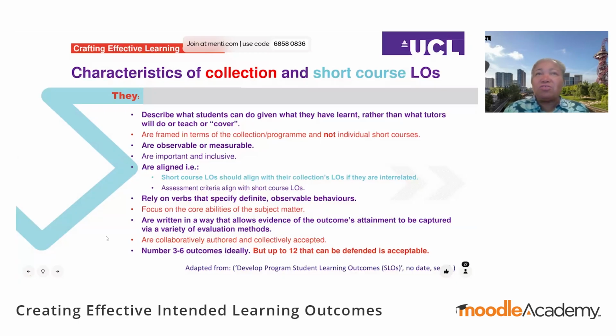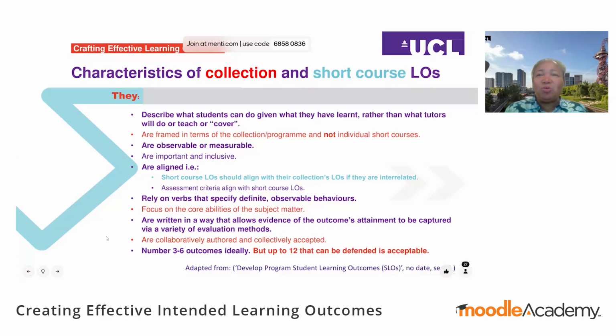Not individual short courses. They're always observable or measurable, i.e. accessible. They're important and inclusive, so they're what all students on the cohort will be expected to be able to do at the end, not just some students, and hence they're the most critical stuff that students are expected to achieve. As I said before, they're aligned.